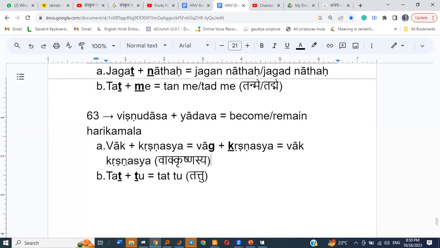So that's why 61 is applicable, because Vak ends with Vishnu Dasa, so it should convert into Harigada, and then Harigada converts back into Harikamala because a Yadava is following. Or we can just directly understand that. That's also fine. Okay, understood. Thank you.